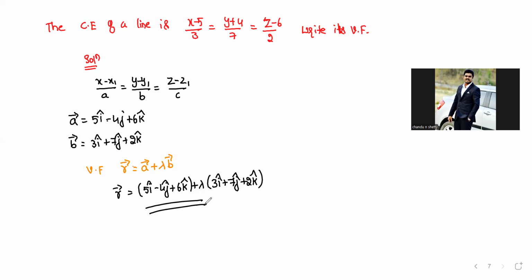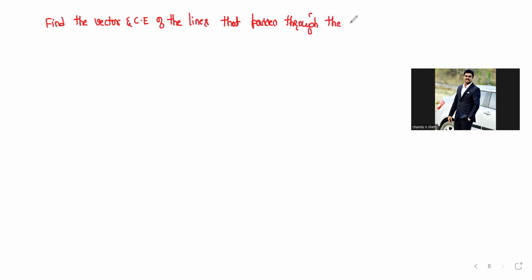Now you should observe, my dear students, they may ask one more question. This also may be important. They can give this also, because this is an NCERT problem. Find the vector and Cartesian equation of the line that passes through the origin and 5 comma minus 2 comma 3.